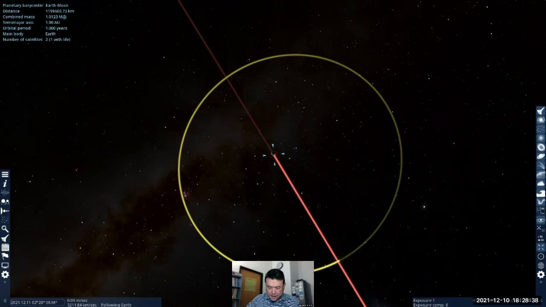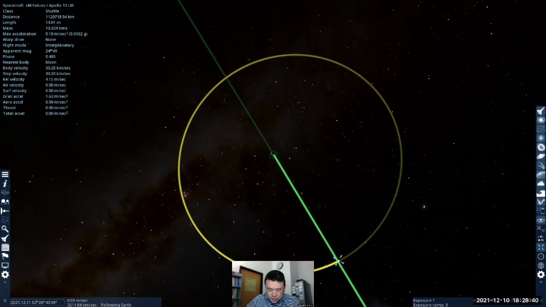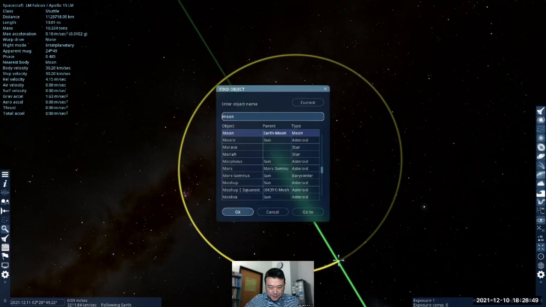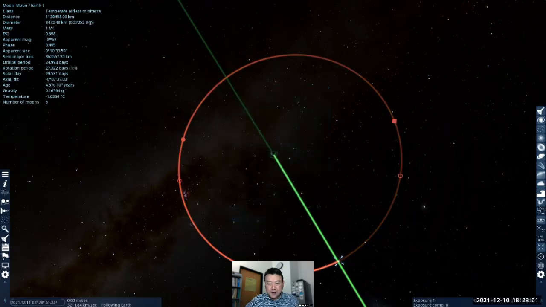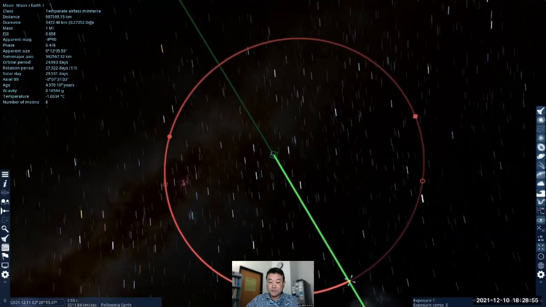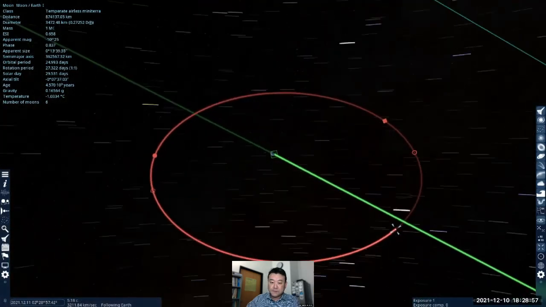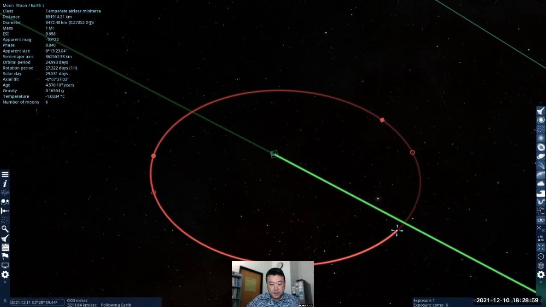So that's moon. When I click it instead of moon, it'll actually select one of the Apollo spacecraft that's landed on the moon. Let me use the search feature to select the moon. So that's the moon. It looks like it's orbiting Earth, and that's the description we can give of moon as being gravitationally bound to Earth.